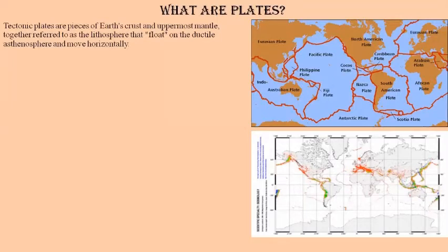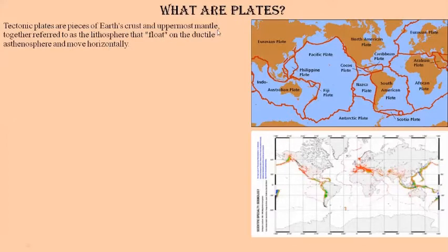The density of the continental crust, if you remember from the earlier lecture, is less. The continental crust is lighter, while the oceanic crust is heavier. So the continental crust floats over the oceanic crust.